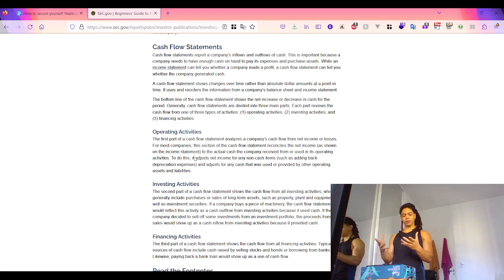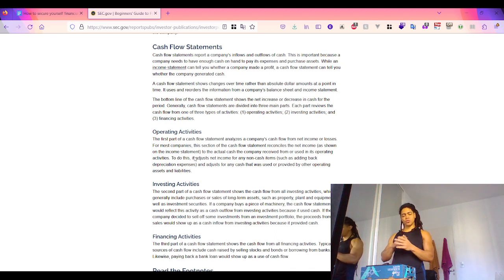This is important because companies need to have cash on hand to pay expenses or purchase assets. It uses the information from the balance sheets and the income statements, and the bottom line of these statements reports the net increase or decrease of cash.